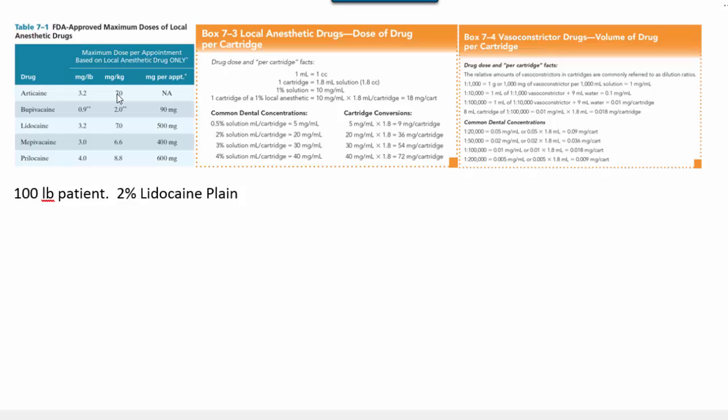To begin, you will need to be familiar with several charts that are in your book. The first is Table 7.1, the maximum recommended dosages per appointment, found on page 89.